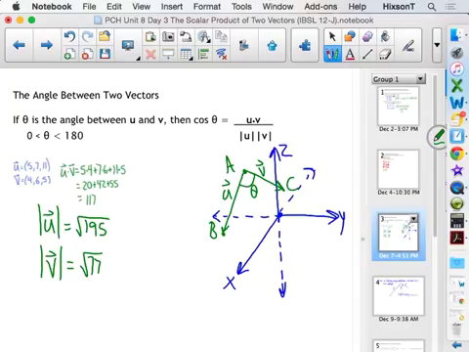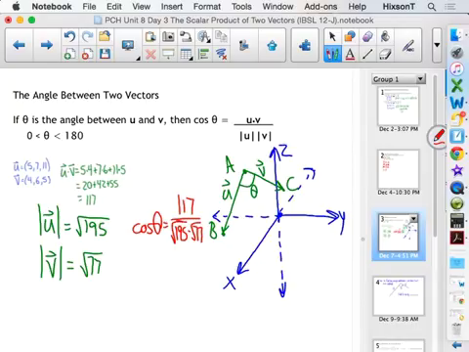So, it's good, you guys have your calculators out. Let's go ahead and plug this into our formula. The cosine of the angle between these 2 vectors is the dot product, 117, over the product of the magnitudes, root 195 times root 77. Now before you get it, hang on.